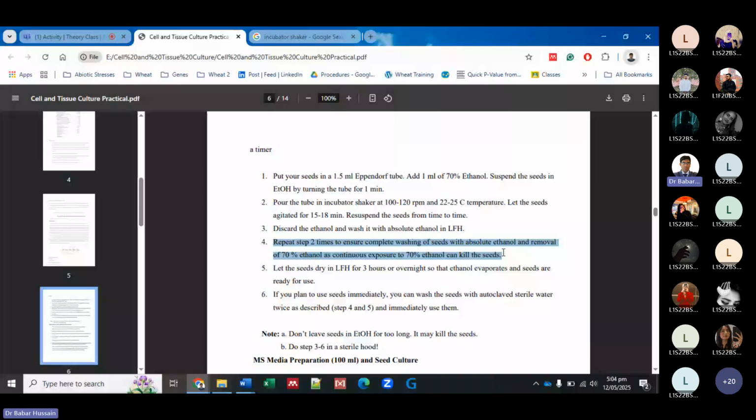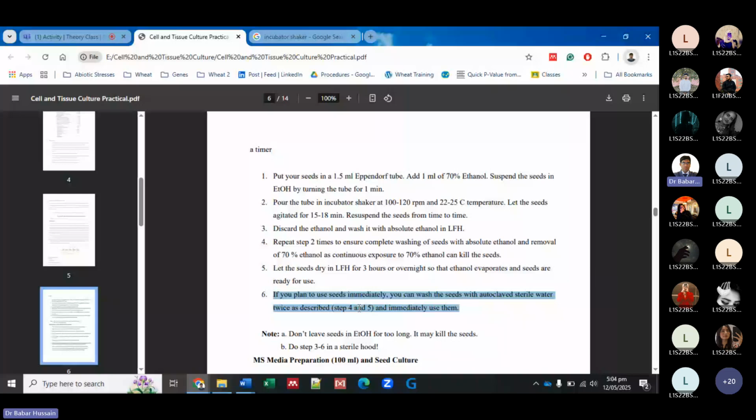After doing it, you will directly move to, for example, step 6. Because now you do not need seeds to dry, because drying was required to evaporate the ethanol, and it is not required, washed 2 times with autoclaved distilled water. So you can again put a small amount of 100 microliter of water and use it to disperse on media by using blue tip. Blue tip means 1 ml blue tip that is attached to 100 microliter micro pipette. Is that clear?